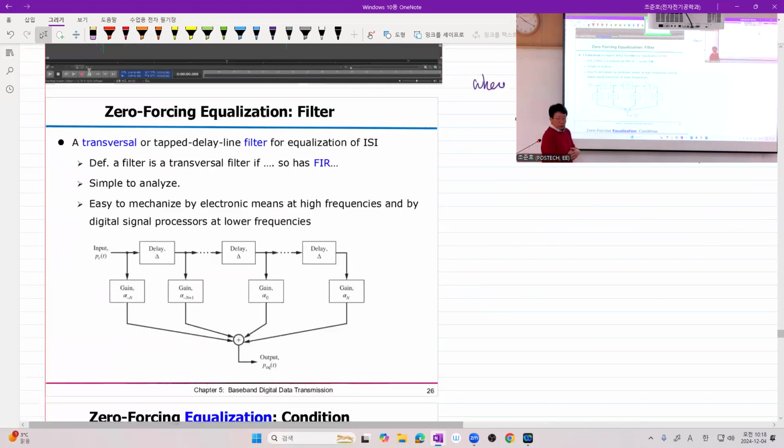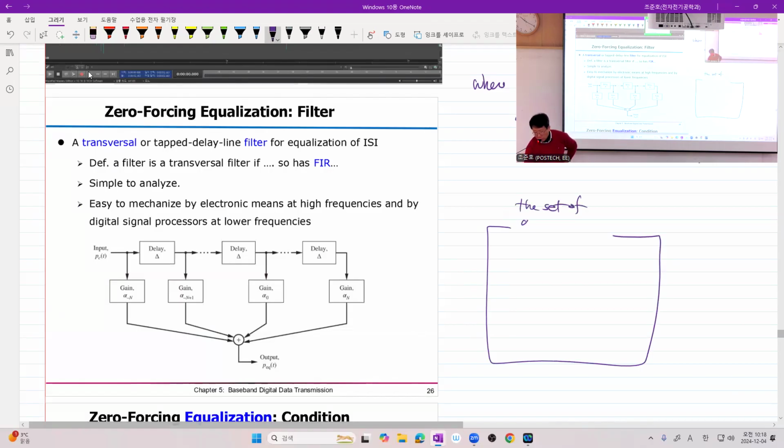Anyway, let me draw a Venn diagram again. So here is the set of all equalizers for some received signal in this form.